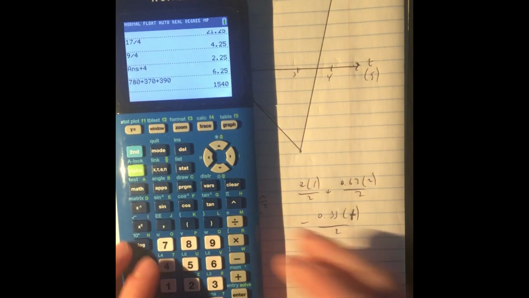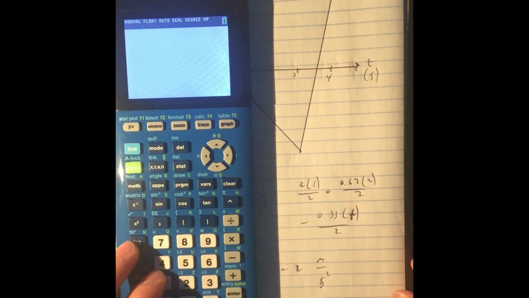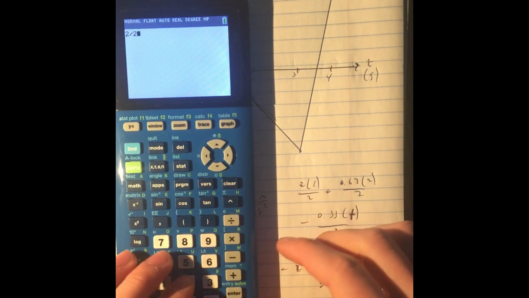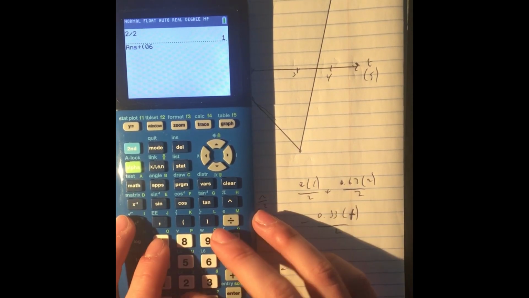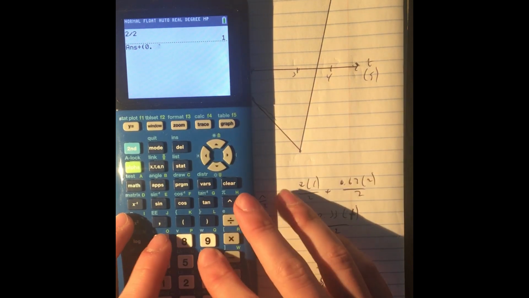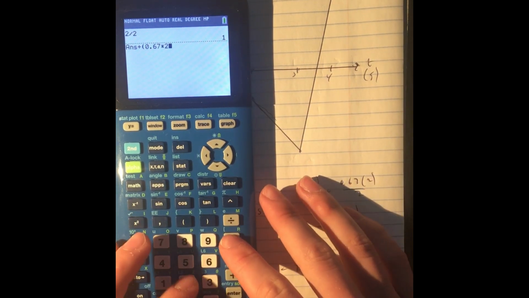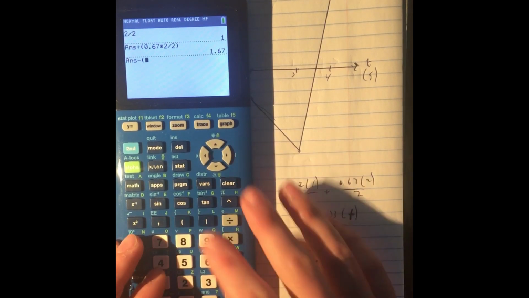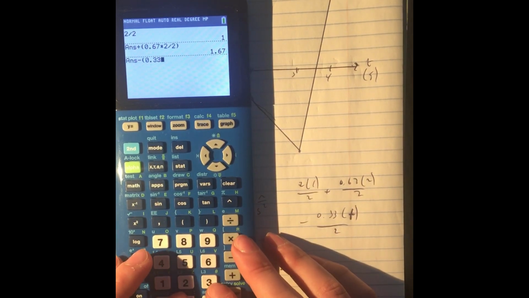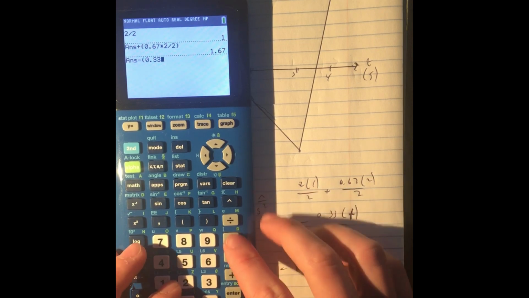So 2 divided by 2, plus 0.67 times 2 divided by 2, and then minus 0.33 divided by 2.